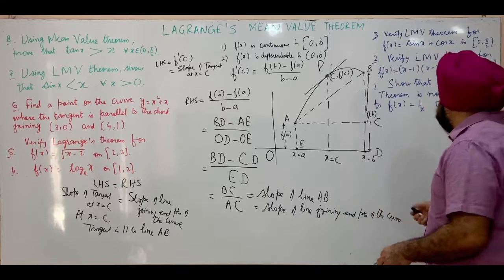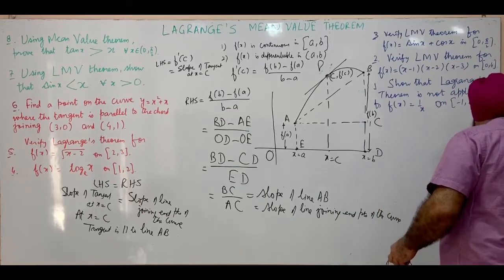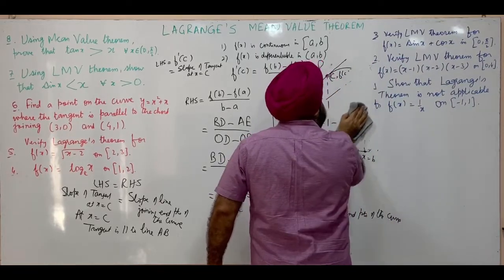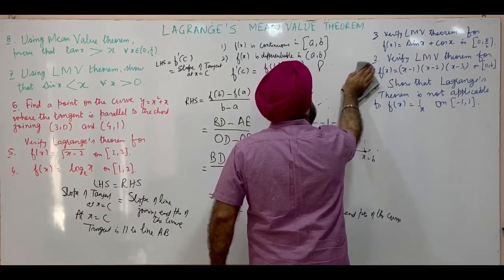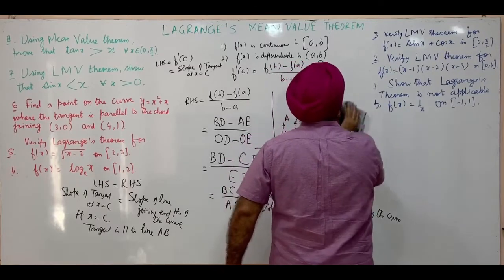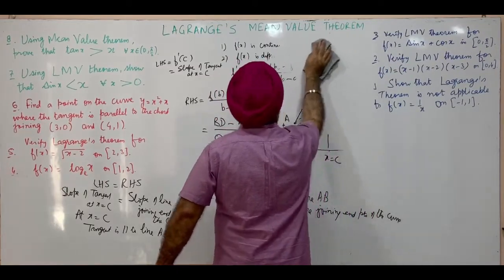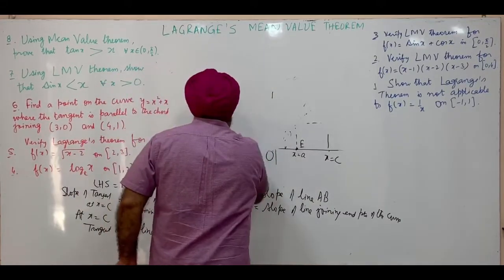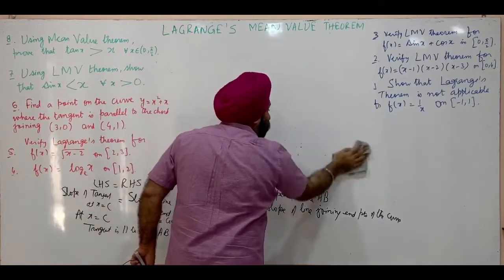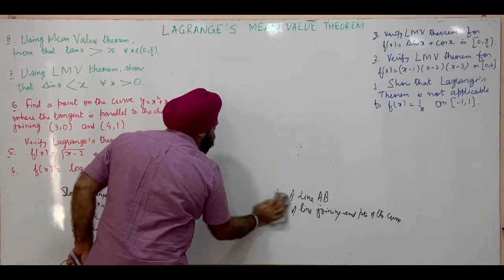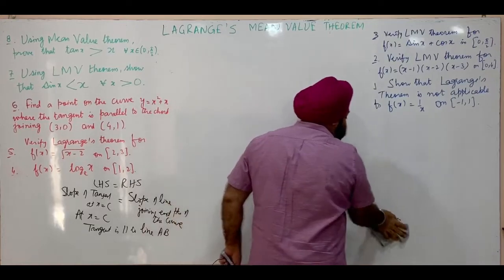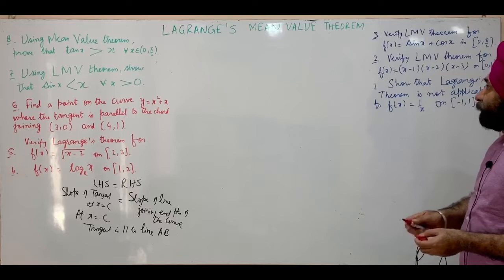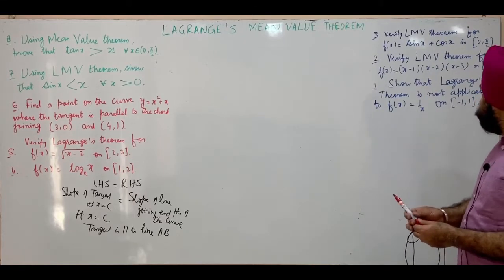Okay, let's start with the questions. The first one, we have to show that Lagrange's theorem is not applicable to the function f of x is equal to 1 by x, the reciprocal function, on the interval from -1 to +1. Lagrange's theorem will not be applicable if one or both the conditions of Lagrange's theorem are not satisfied by the function.